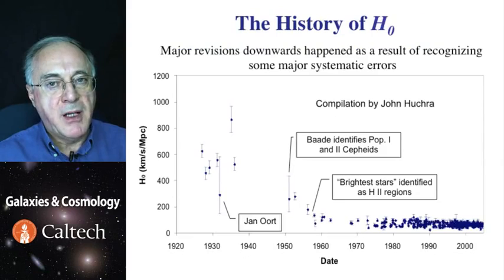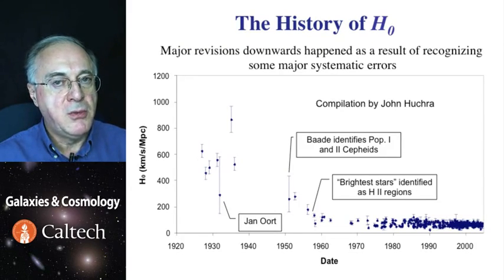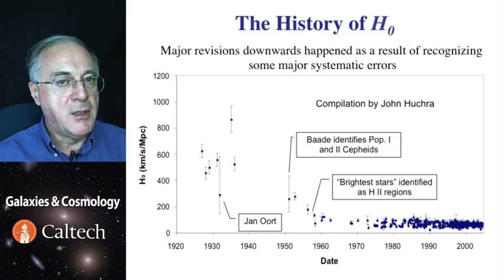Ever since then, the value of the Hubble constant was revised, usually downward. The first major revision was due to Walter Baade, who recognized that there are really two very different kinds of pulsating stars, one of which is confused for the other. And he came up with the concept of stellar populations that immediately halved the value of Hubble's constant. Then improved measurements pushed it further down and down.